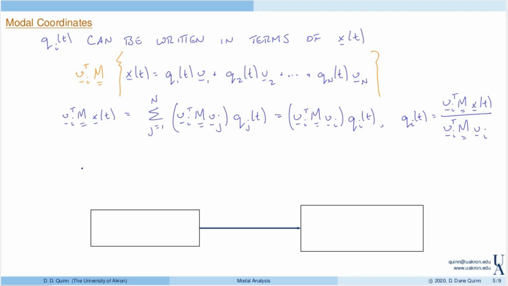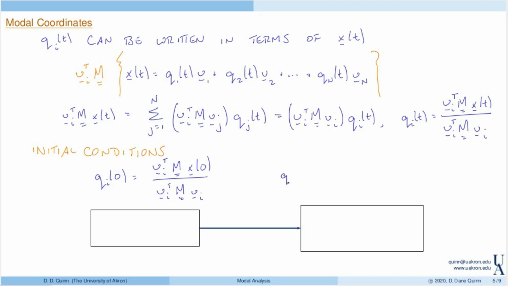If I evaluate this at time equals 0, we can find initial conditions on the different modes, given the initial conditions for the system. So qi of 0 is ui transpose m times the initial displacement divided by ui transpose m times ui.